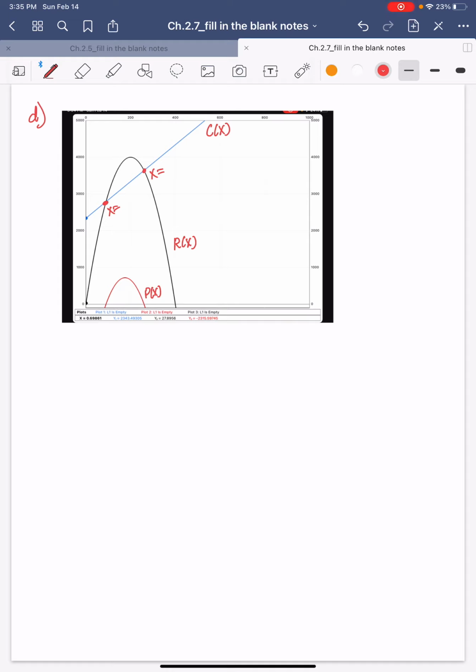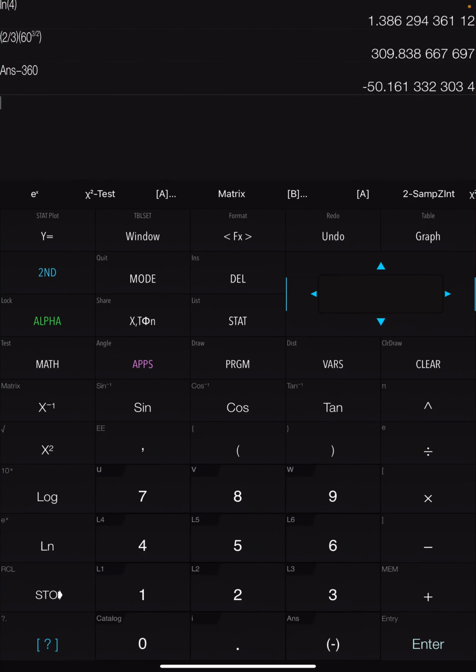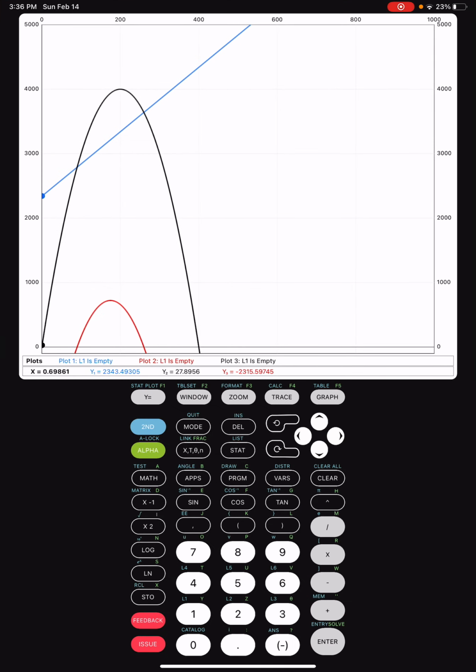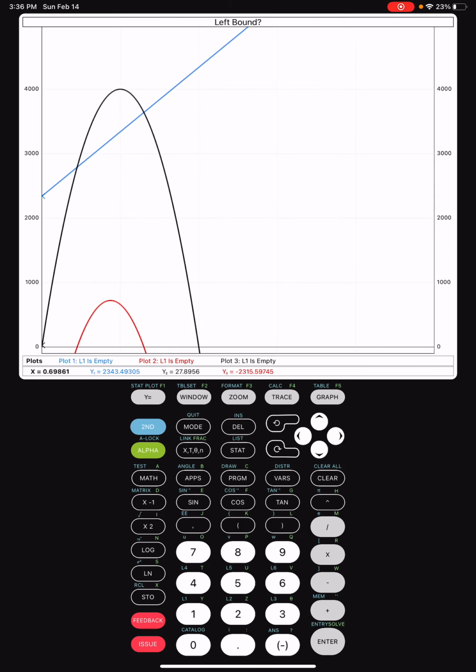So break-even point is when C of x and then R of x are equal to each other. You can go to second calc and then press number 5 to intersect and then get that from here.